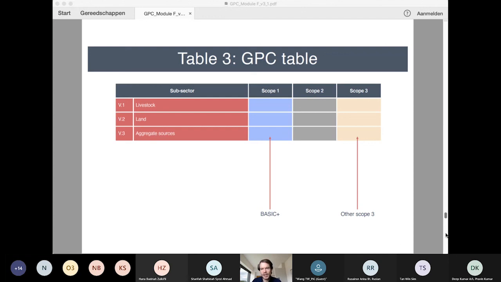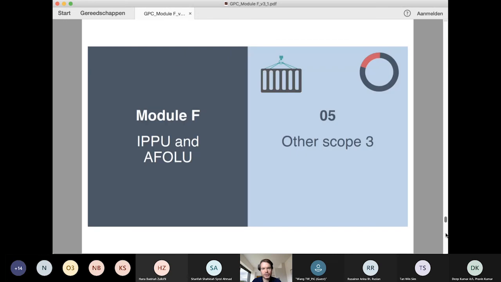Okay, so we'll use the last 10 minutes of today to talk about other scope 3 emissions. These are emissions that take place because of activity in your city, but that happen outside your city and aren't yet covered by the GPC. So for example, if I buy a television, then the energy used in running the television, the electricity, will be counted as scope 2 under 1.1.2.